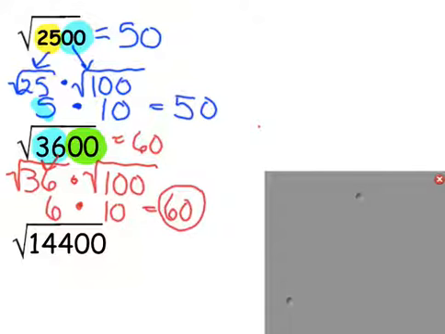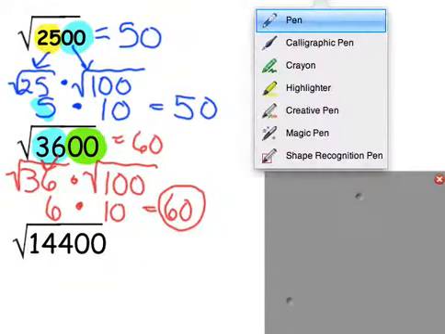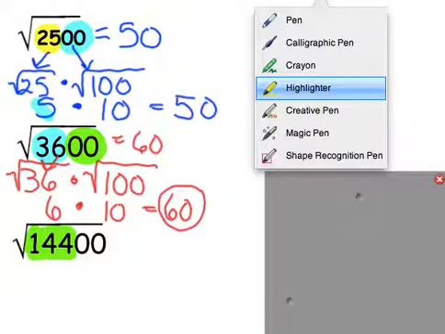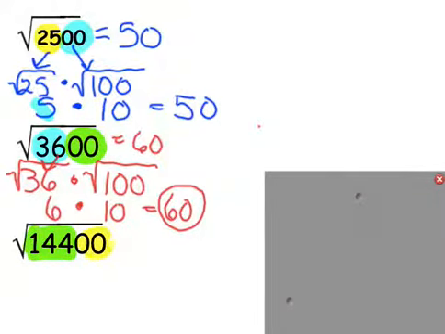Last one. What is the square root of 14,400? I'm going to break this into 144, which is on our chart, and the 2 zeros. Okay, so what is the square root of 144?